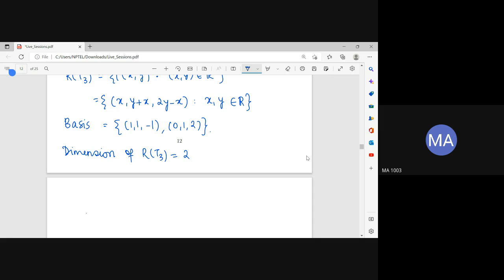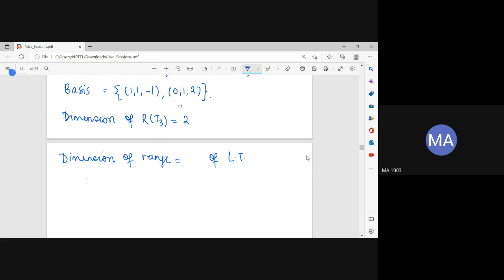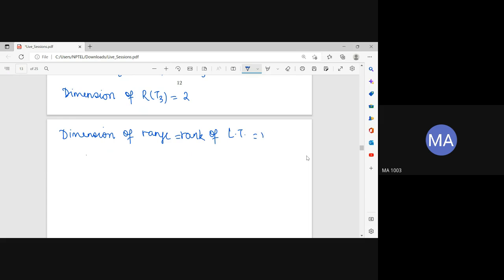And what is that called? Dimension of image space. Rank of the linear transformation. We denote it by rk(T).